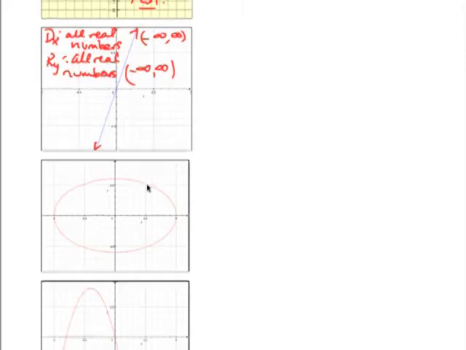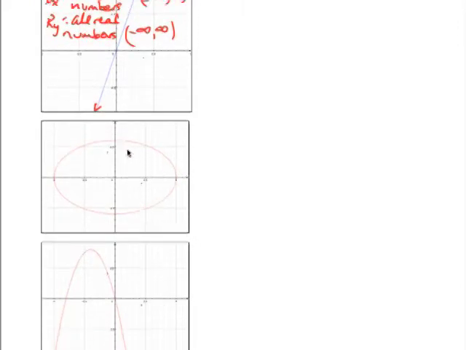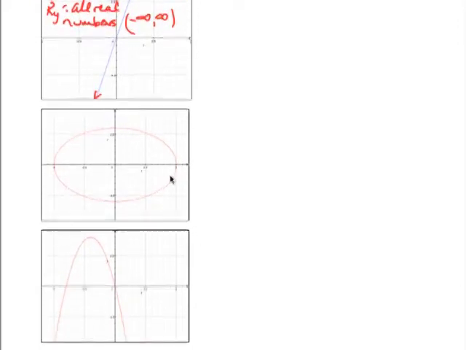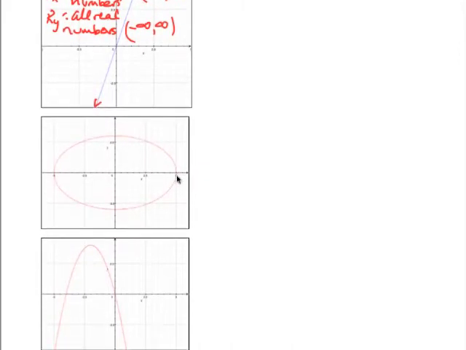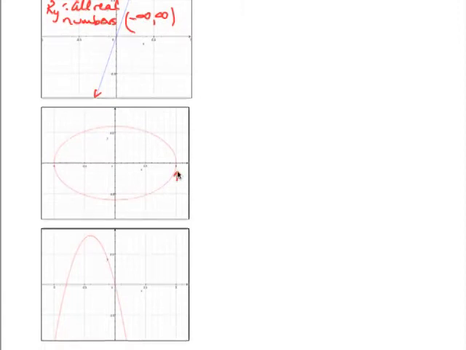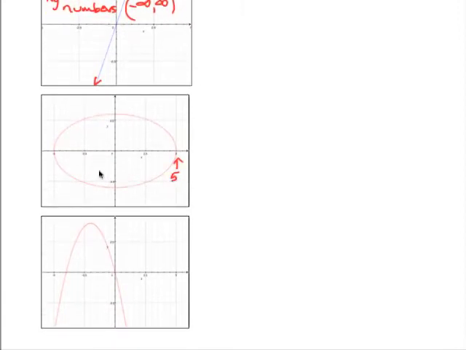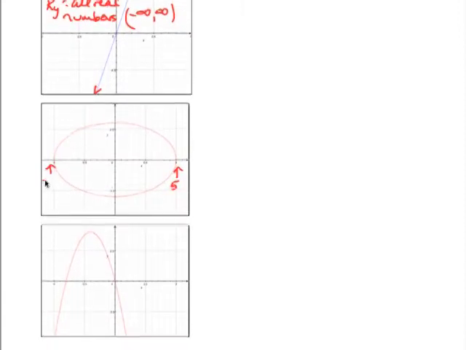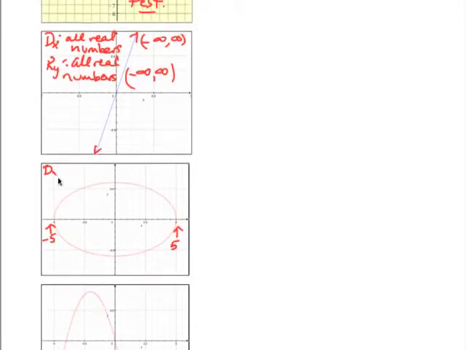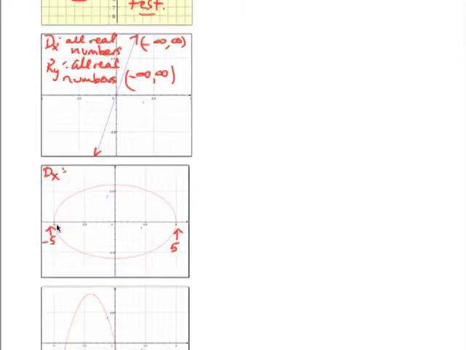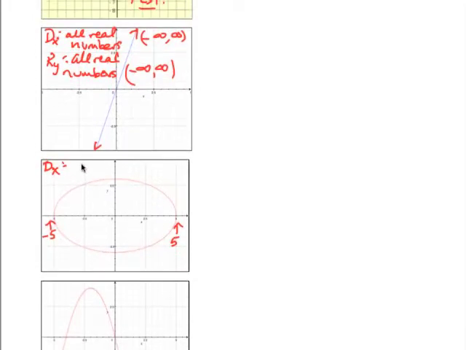Now if we look at this one, we do have captured in here some points. X doesn't go past this point here. A little hard to read, but it's actually a 5 there. And here, of course, is a -5. So our domain here is everything between 5 and -5.